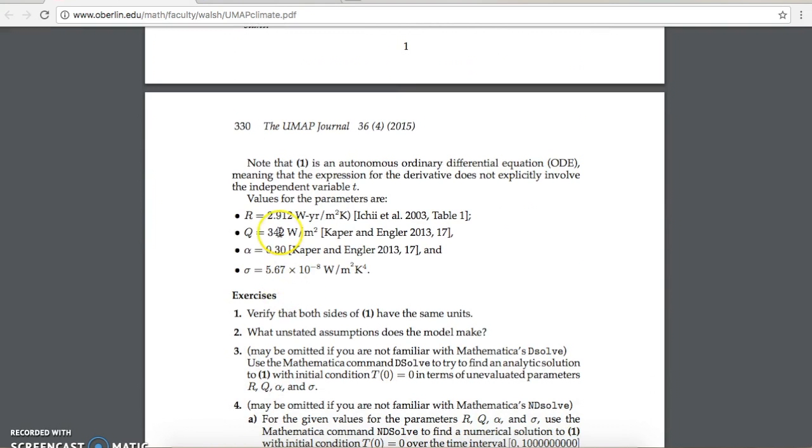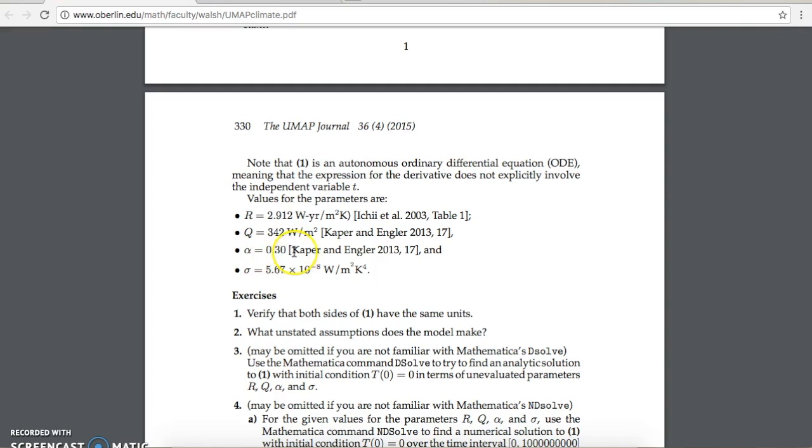Walsh also gives some values for the parameters in the equation, which I have used in my code. The heat capacity is 2.912. The solar radiation is 342.